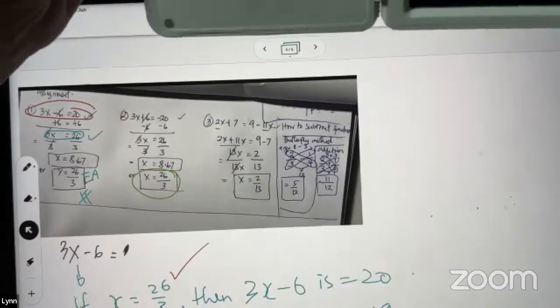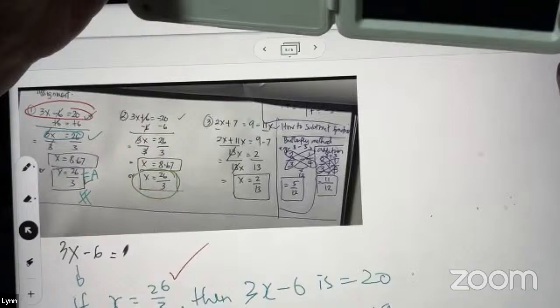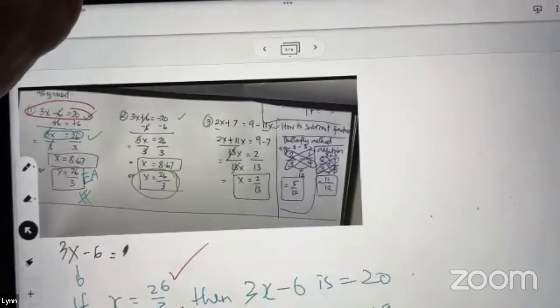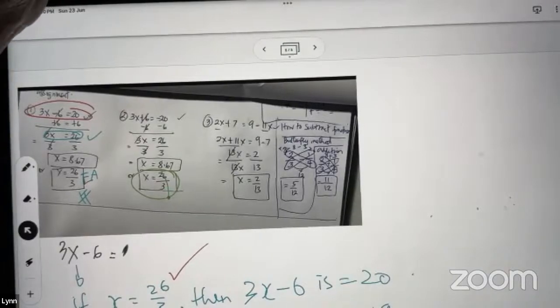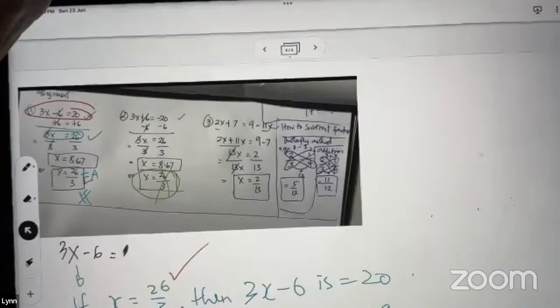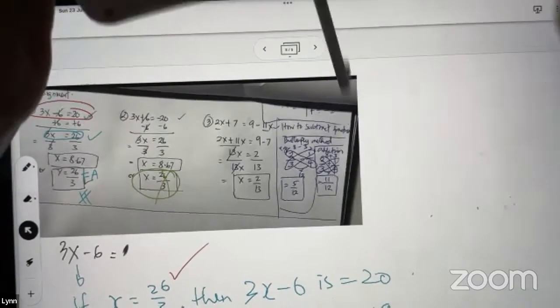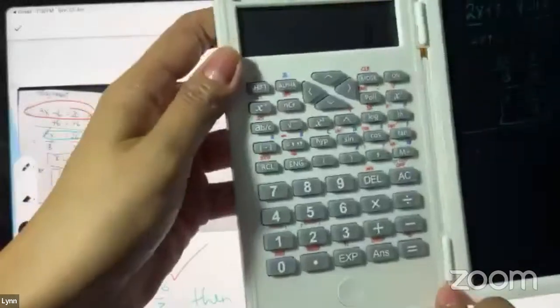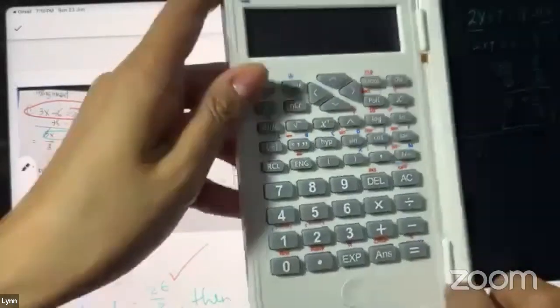But you already know that this is wrong. I'm teaching you to be sure that this is wrong. It's not that you're not sure. You are sure. How come? Because go back to your calculator. I teach you to confirm, right? Go back to your calculator, store 26 over 3 in x again.